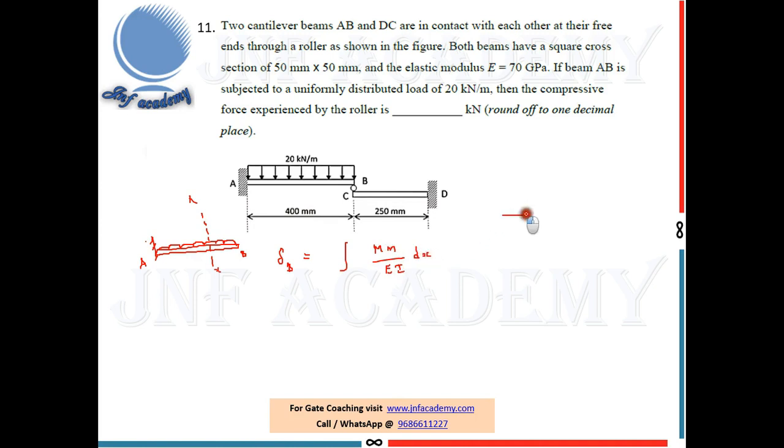Let us take this as the x portion. This is W, the load intensity W I am taking. Here I only require deflection, so I am taking a unit load. Capital M is equal to minus W x square by 2. Small m is minus 1 into x.